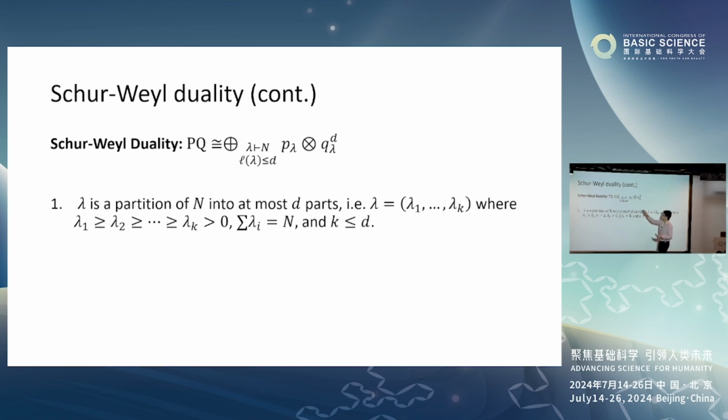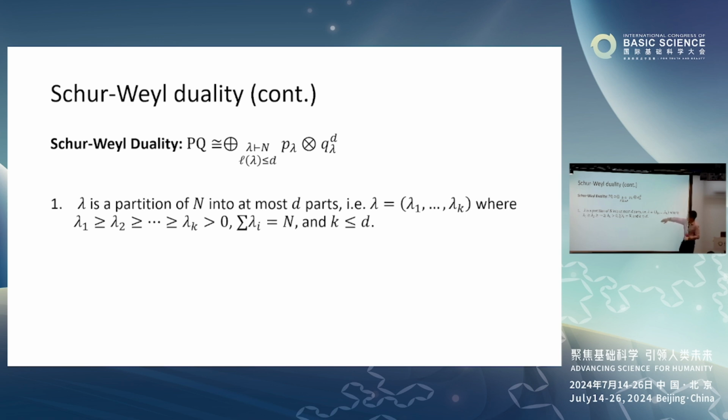First, arguably the most important for the purpose of this talk is what this lambda is. This direct sum is indexed by partitions of n into at most d parts. What does that mean? It's the set of all vectors lambda of non-negative, non-increasing integers that sum to n. So the sum of lambda_i is equal to n, so it's a way of breaking up n into k parts, and the number of parts k is at most d, the dimension.